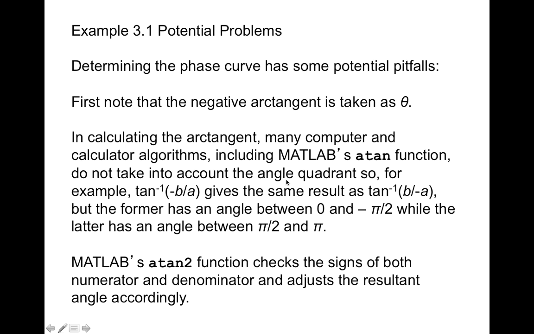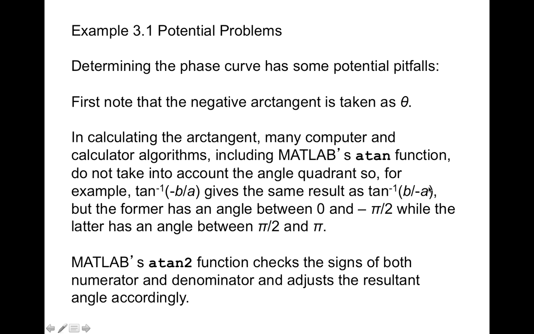Okay, so what are some potential problems here? The main potential problem is the issue with the phase curve. The issue is that you're taking theta as negative arctangent of b over a. So a lot of times, depending on whether it is the B or the A that is negative, there can be some ambiguity in the phase. If the B part is negative, that means one thing.